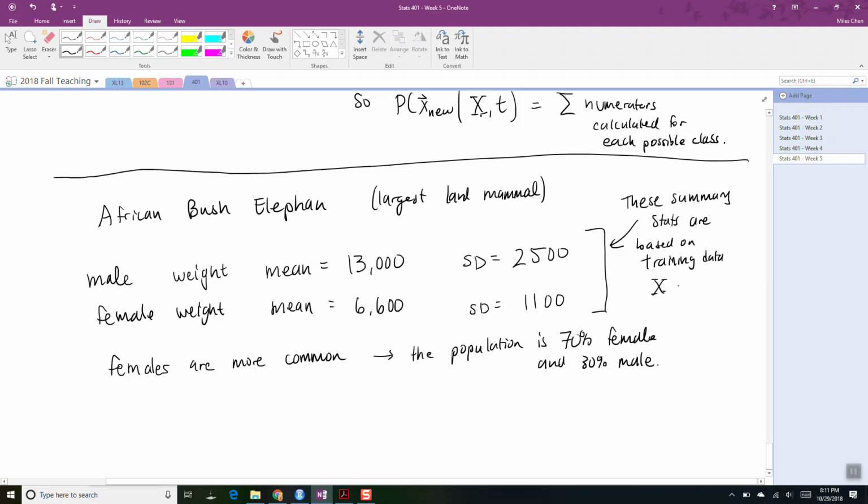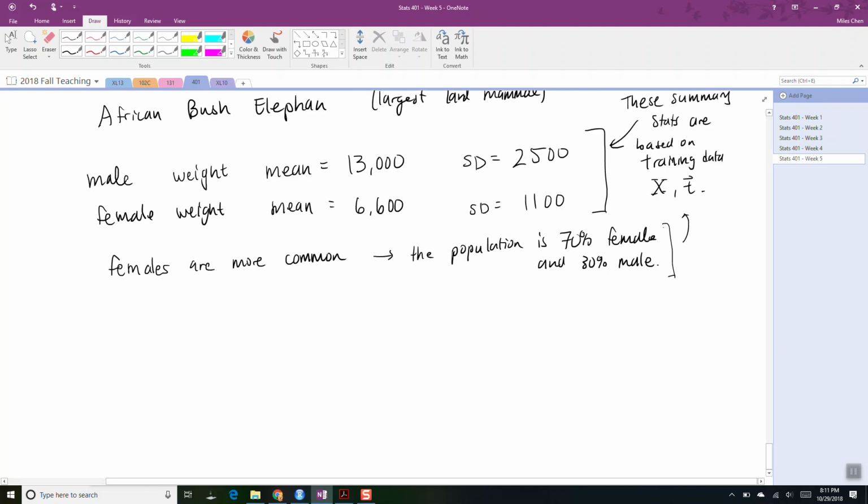So we're going to pretend that we had training data, and in our training data we had males and we had females, and 70% were female and 30% were male, and the mean weight of our training data males is 13,000, and the standard deviation is this. Okay, so we're going to pretend that these summary statistics are based on our training data. Is that okay? All right.